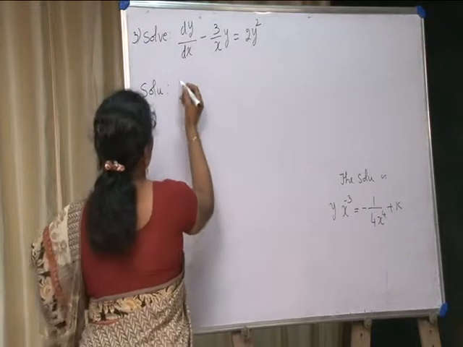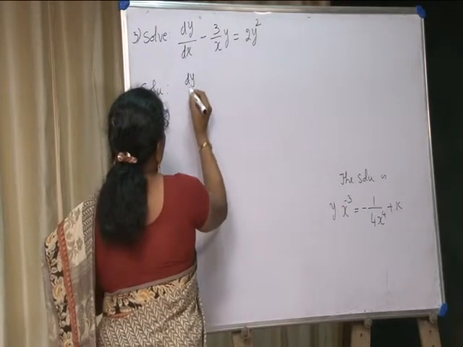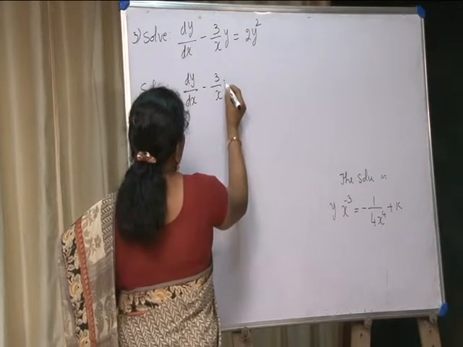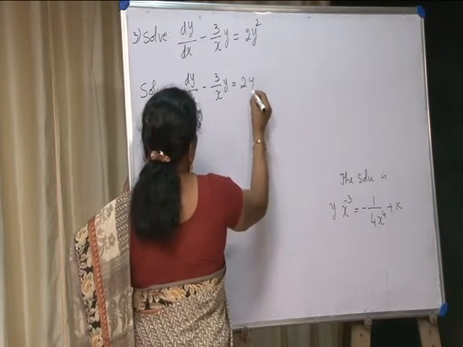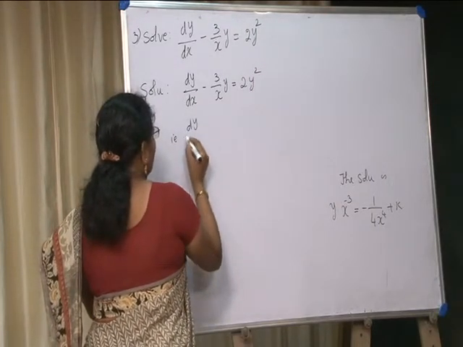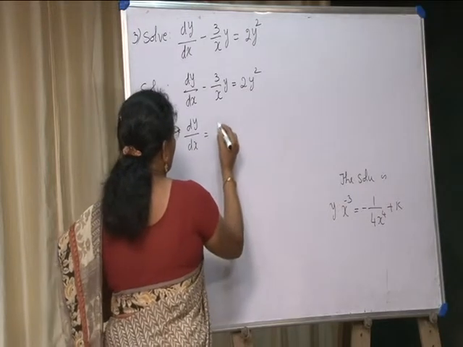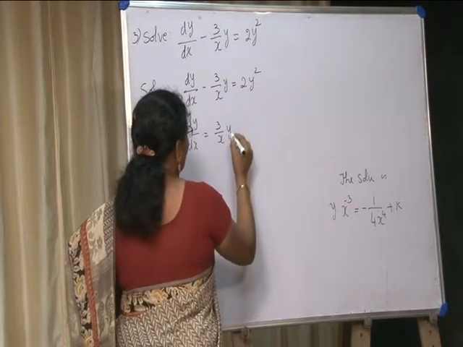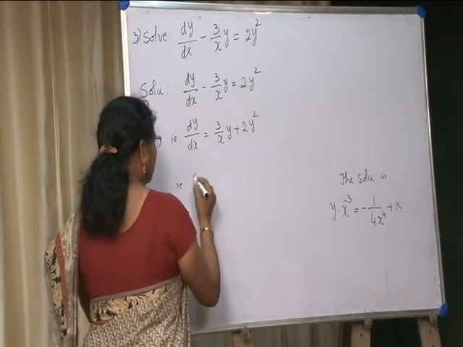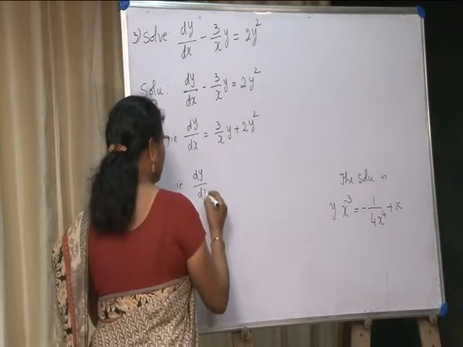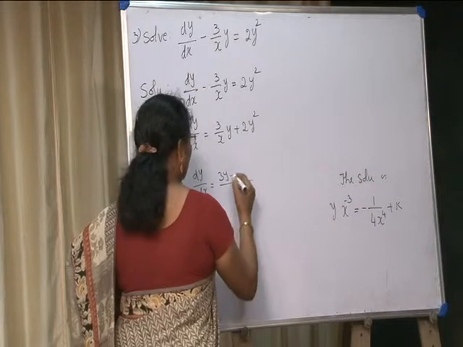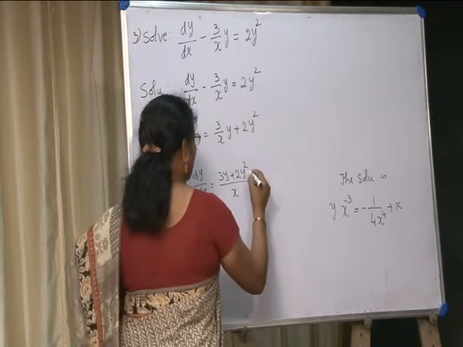Let us see now. dy by dx minus 3 by x y plus 2y squared, that is dy by dx is equal to x is an LCM, 3y plus 2y squared x.